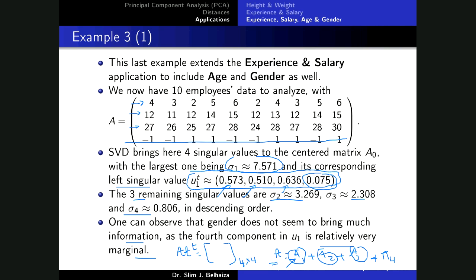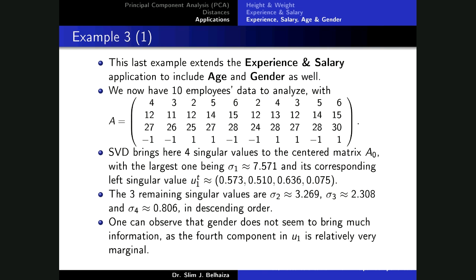Okay. Sigma 4, of course, the sigmas are ranked in descending order, so the last ones are going to be the smallest. So what I did, Firas, is that I removed the gender, and look what I did. I removed the gender row, and I worked on my data. So I'll be sharing with you what happened.